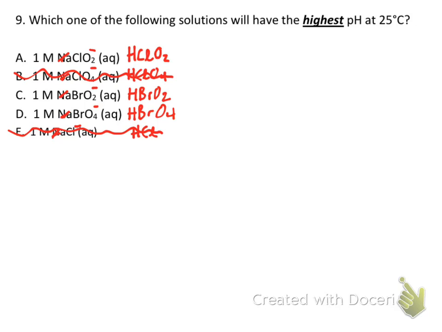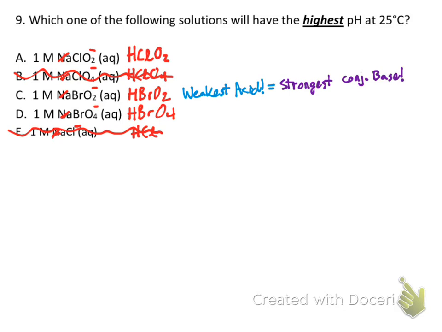Now, between these, which one of these is the weakest acid? Because we know the weaker the acid, the stronger the conjugate base. The weakest acid is going to give us the strongest conjugate base. Okay.